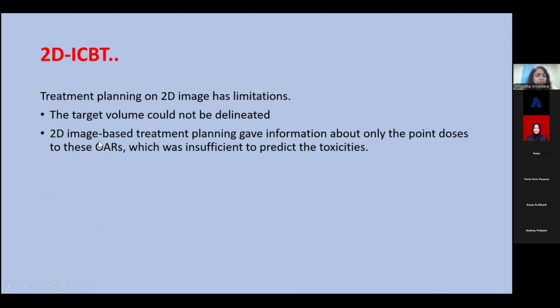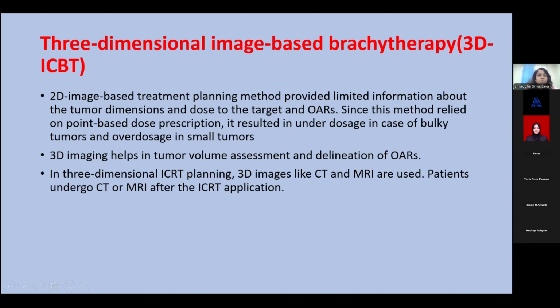And since the volume of organs or the nearby surrounding structures is not visible, only point doses to these normal organs can be decided, and this is insufficient to predict the toxicities of the structures around the tumor. So there was a need to go for three-dimensional image-based brachytherapy, which is based on the 3D images like CT and MRI.